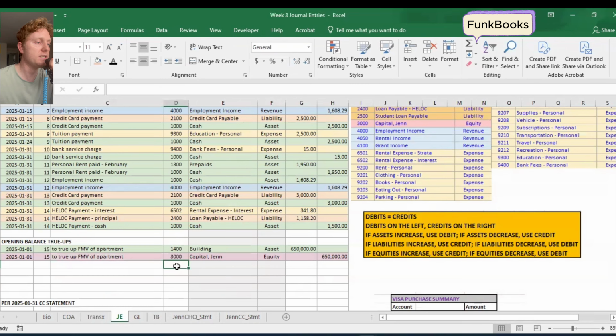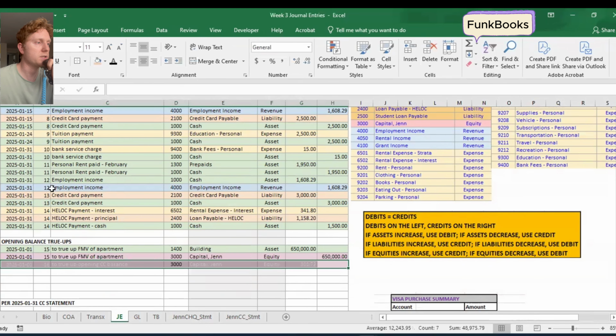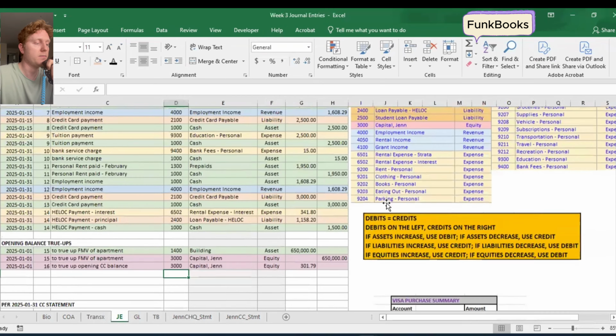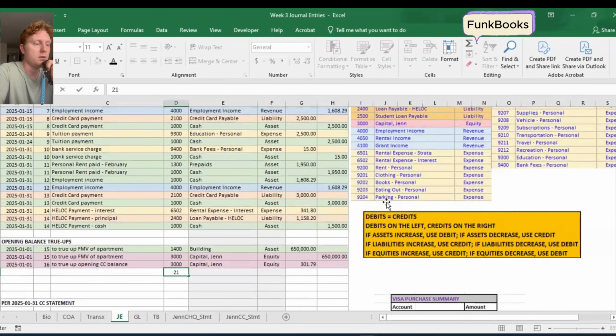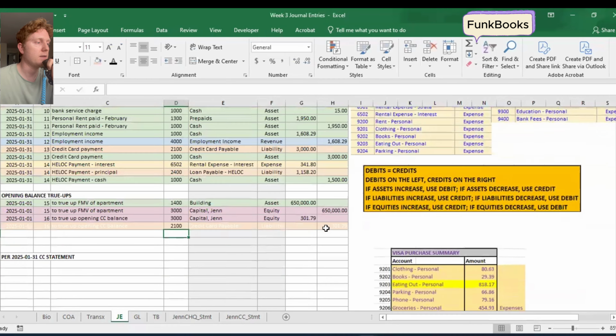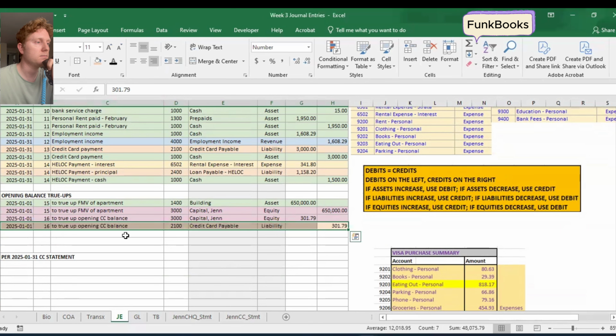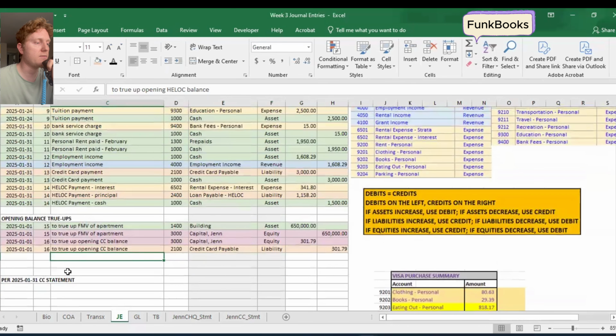We are going to debit our equity account for 301, because this is a reduction of equity. This is things that had been expensed and money that we now owe. And we are going to credit our credit card payable, 2,100 here, and that is an increase of a liability. So that's good.